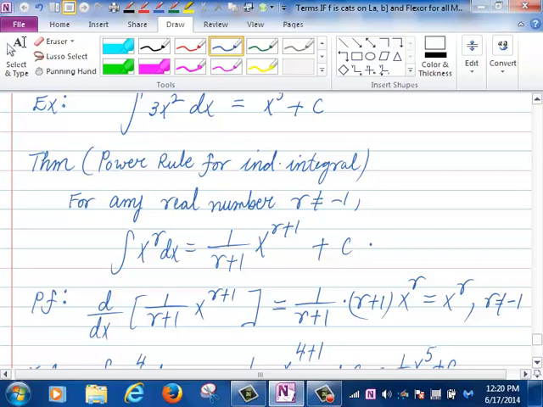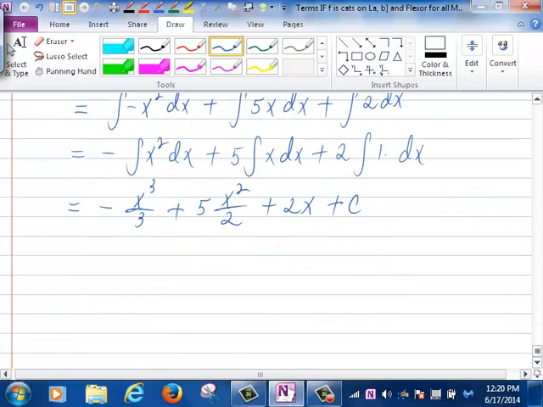So if r is 2, you get 2 plus 1, 2 plus 1 here, so x cubed over 3. So the power rule for derivative, you take down the exponent, you subtract the exponent by 1. Here, you increase the exponent by 1 and then divide by the same exponent. Okay? Everybody's okay with that?